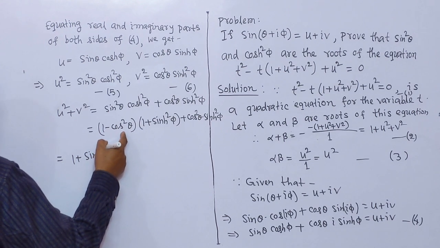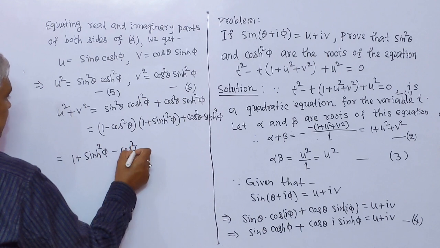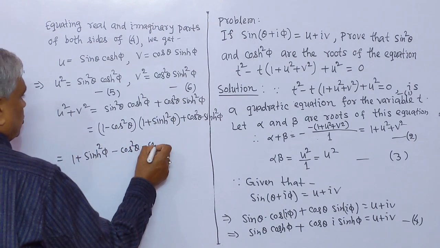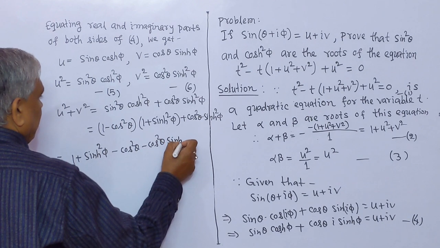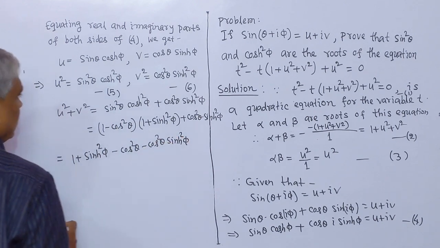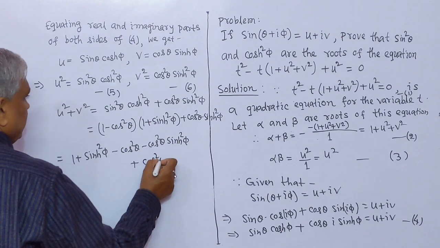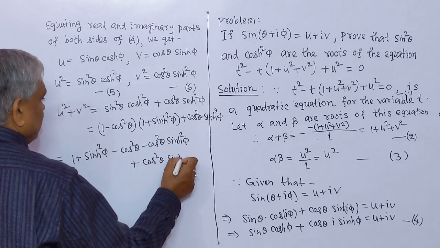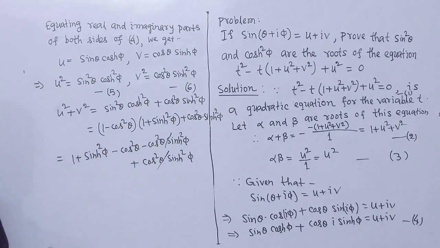Now multiply by minus cos square theta: minus cos square theta, minus cos square theta sinh square phi plus cos square theta sinh square phi. This and this cancel.